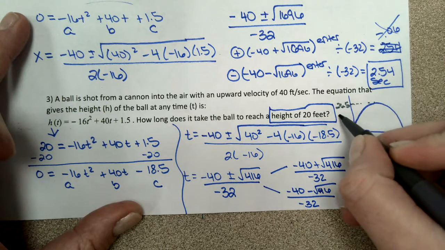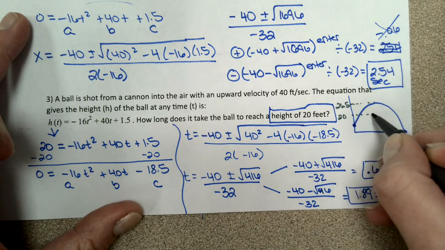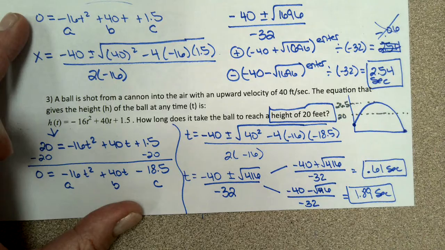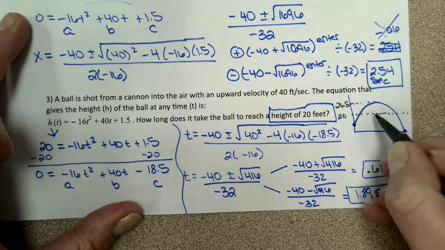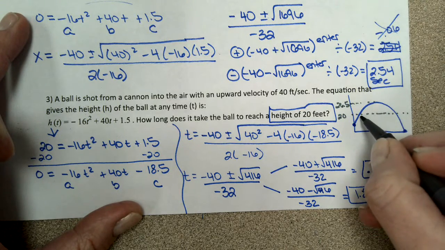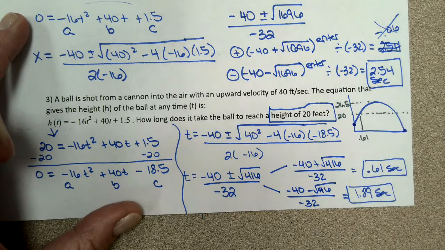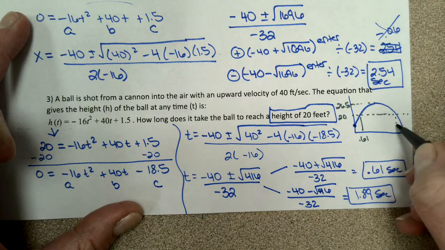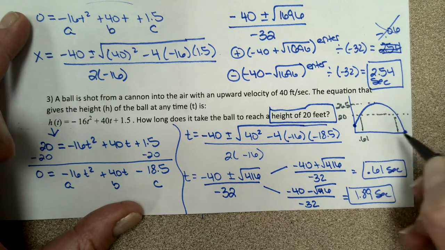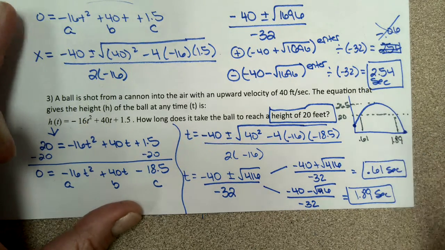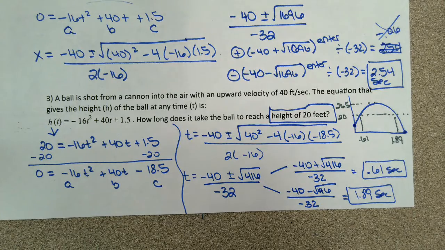And it wants to know when it's going to hit 20 feet. So if you kind of draw a line over, it crosses your graph in two places. So it's going to hit the first time at 0.61 on the way up, and it's going to hit a second time at 1.89 seconds on the way down.